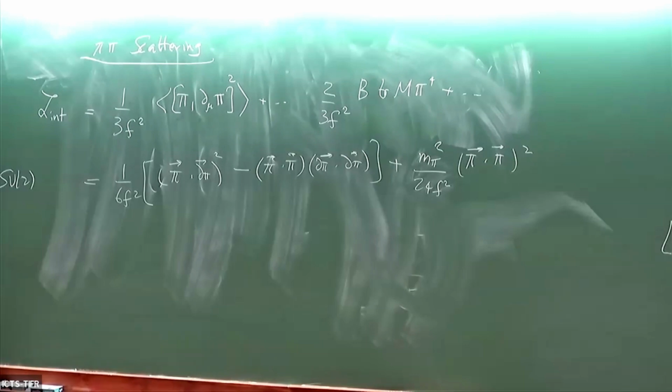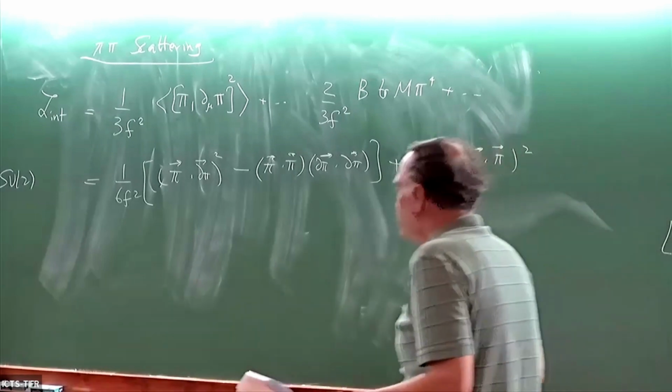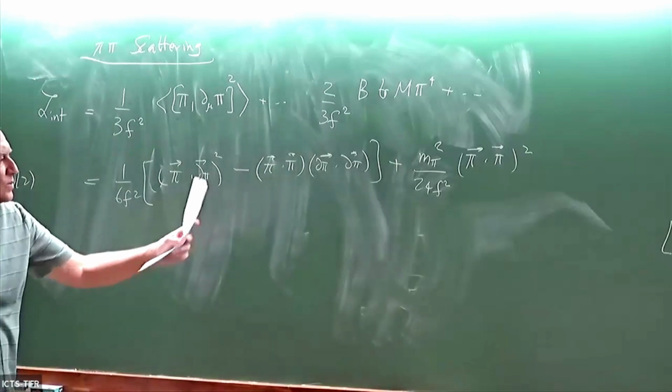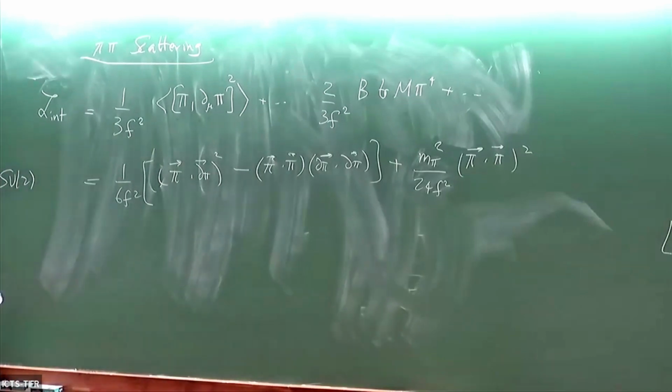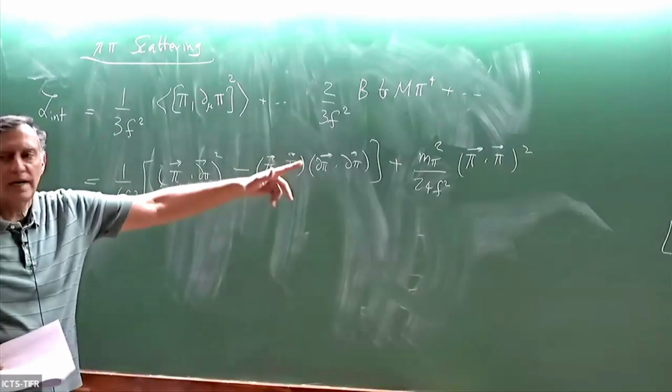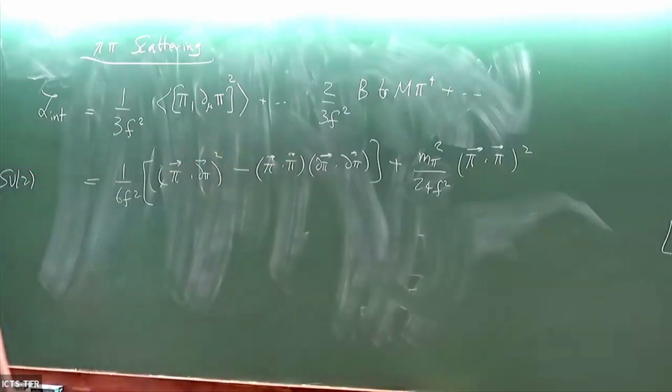And so that gives you this. Let's just work in the isospin limit where mu is equal to md, but I think it doesn't matter. So this is what you get. Okay, so this is the leading 4 pion interaction. There's no free parameters, because we know f from pi decay and we know m pi, so that's what you have.